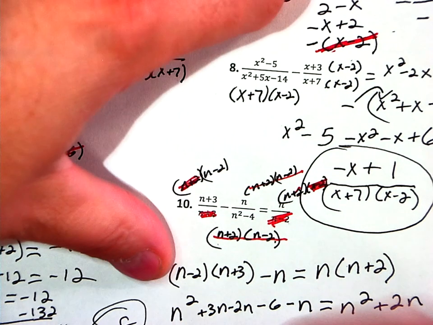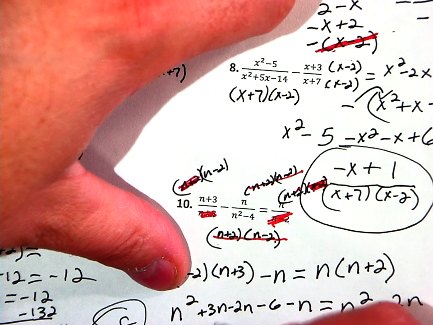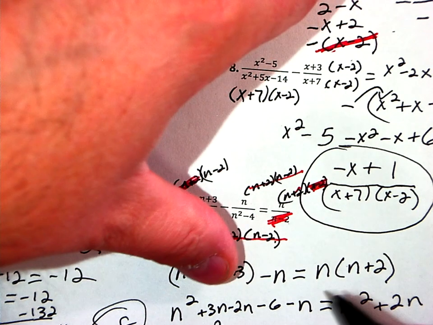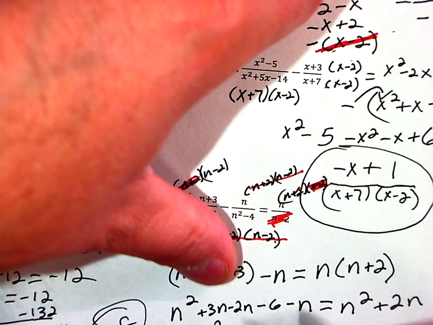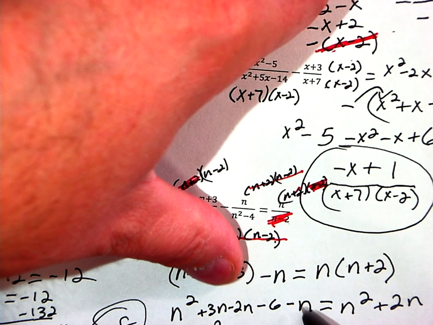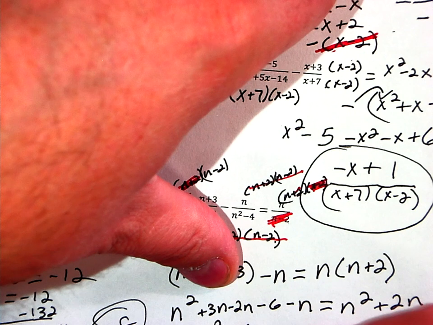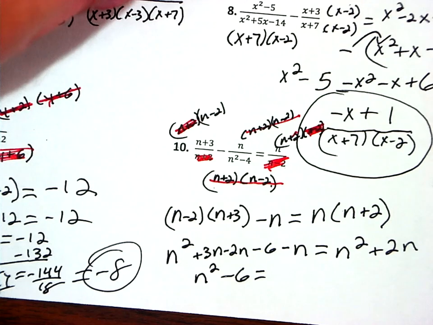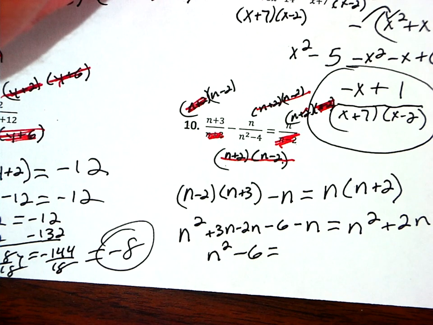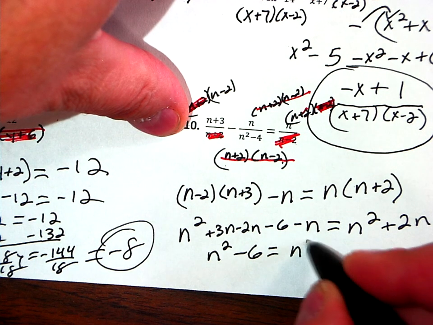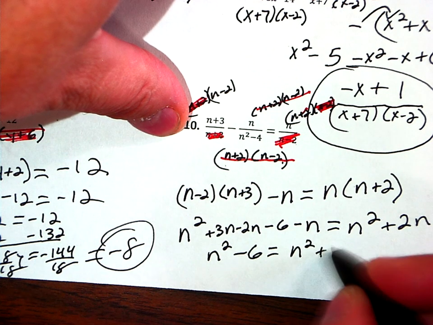Combine like terms. n squared is the only n squared right there. 3n minus 2n is n. But we have a minus n right here. So n minus n is 0. So it goes away. And then on the other side, we have n squared plus 2n.